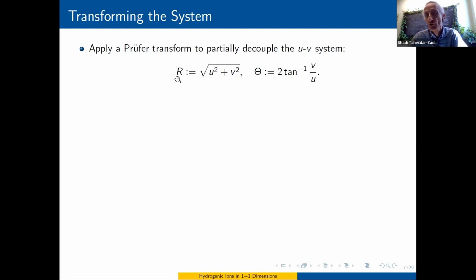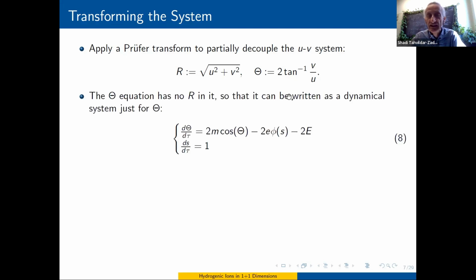So now you're working with capital R and capital theta as our unknowns. And when we do that, what happens is that the theta equation decouples from the R equation. So the theta equation is not going to have any R in it, and therefore we can think of it as an ODE. And moreover, we can do this standard trick which you do when you have a non-autonomous ODE, you can turn it in a cheap way into an autonomous ODE.